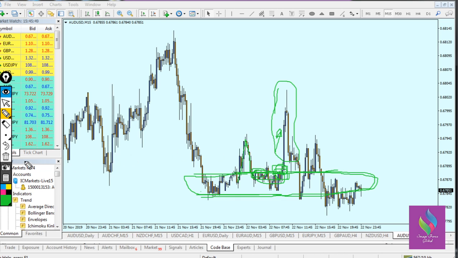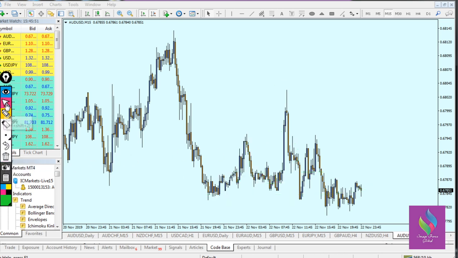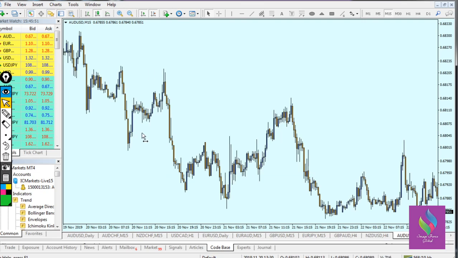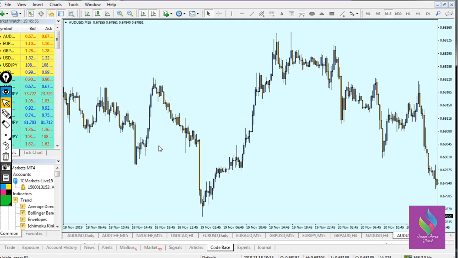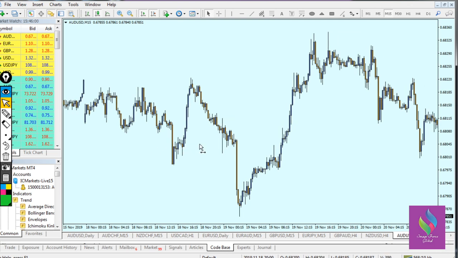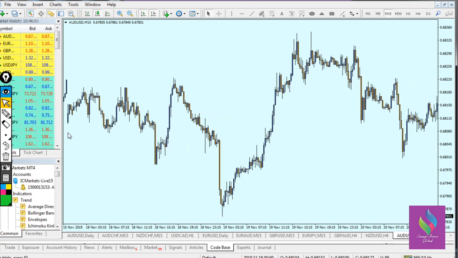All right, so let me see if I can find more examples. Now look at this region. Can you see price is coming down, price coming down?